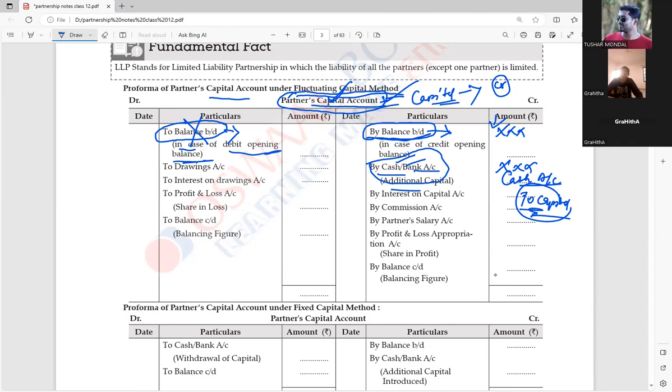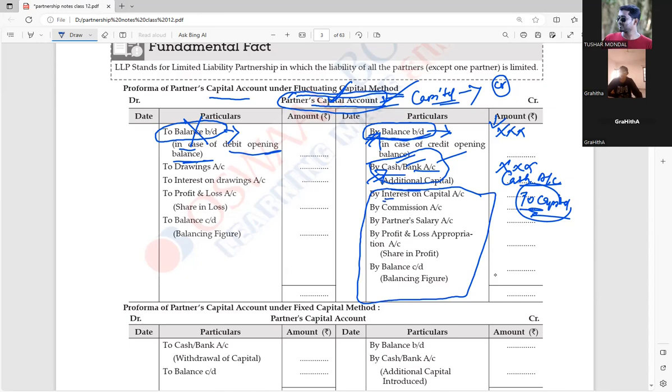Anything the partner is earning, always remember again, two things first: that is balance brought down, and second is by cash, if any additional capital is introduced. Those two points over. Apart from these, anything the partners earn all comes to my credit side only.